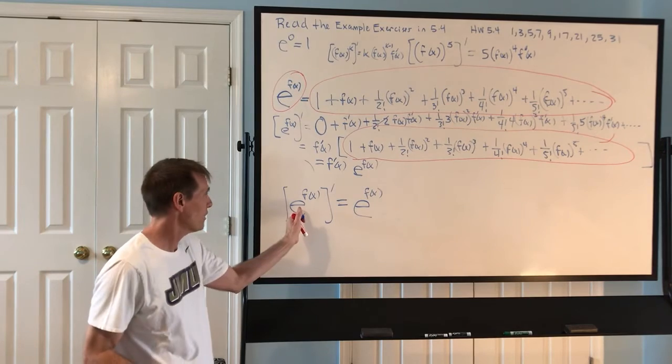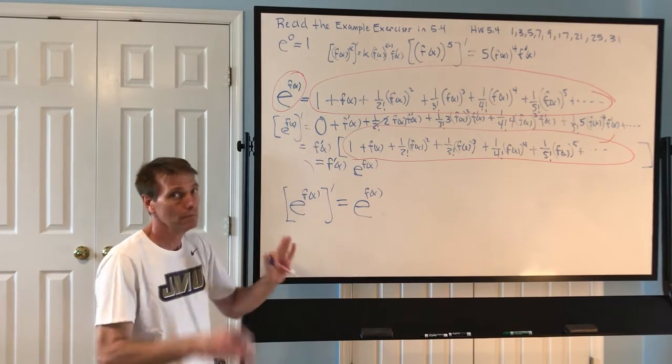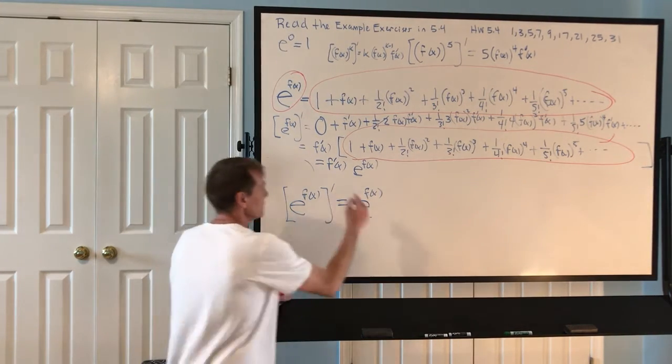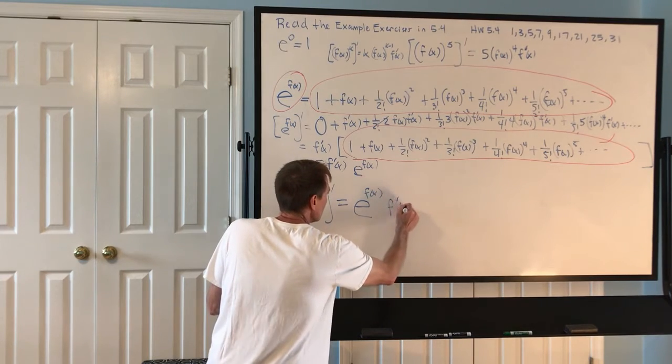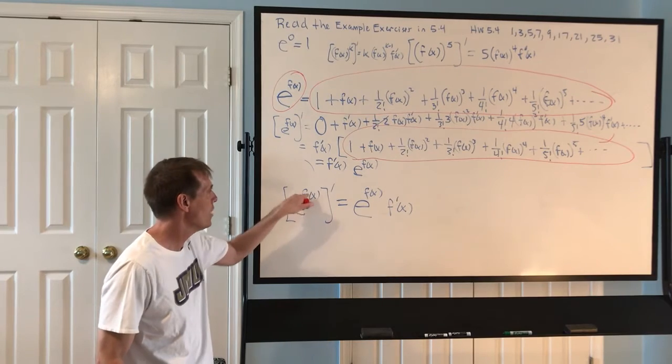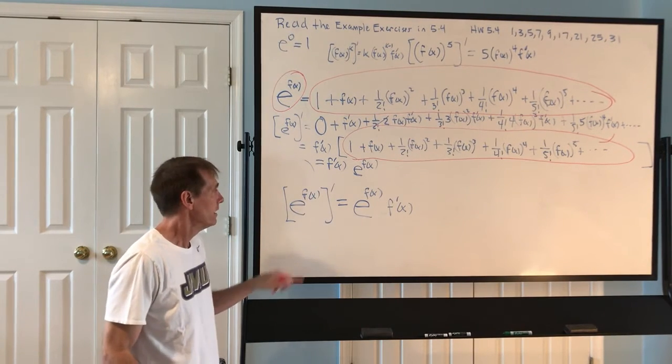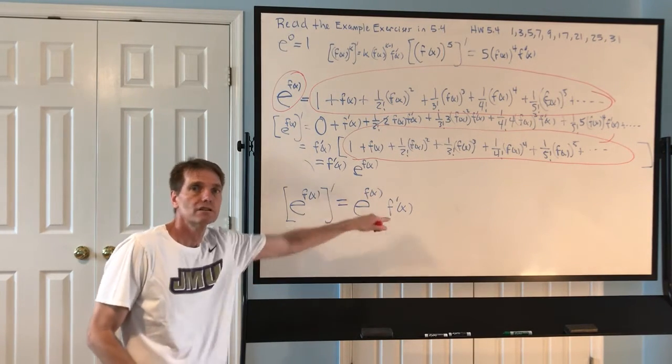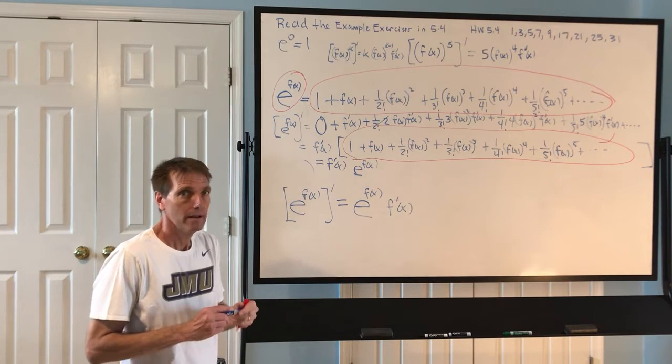You mean, Dr. Warren, I just write down exactly what I'm taking the derivative of? Essentially. Times f prime of x. So if you have e raised to any function, it's just e to that function times the derivative of that function.